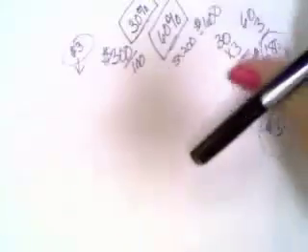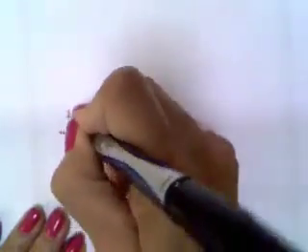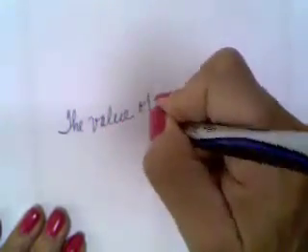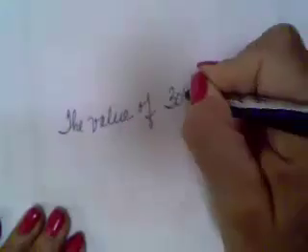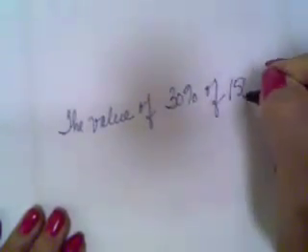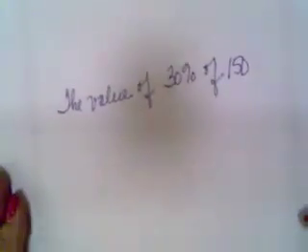The word problems that go along with percents are sometimes very confusing for students. For example, let's say that you have the value of 30% of 150.